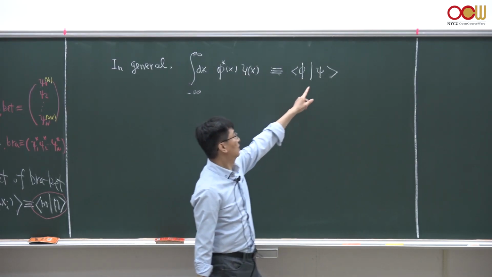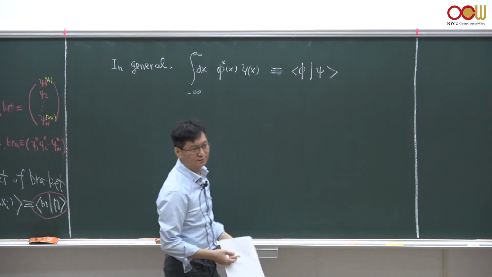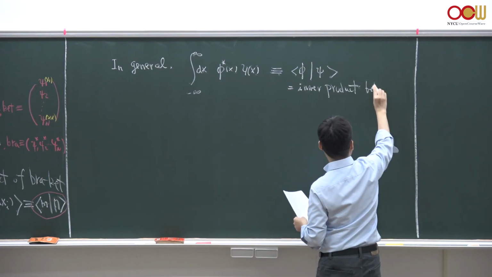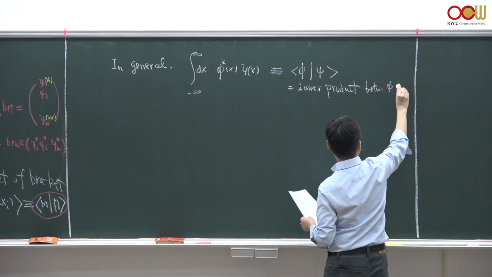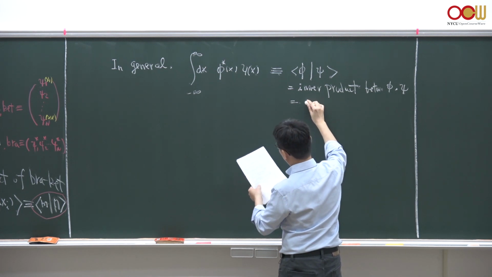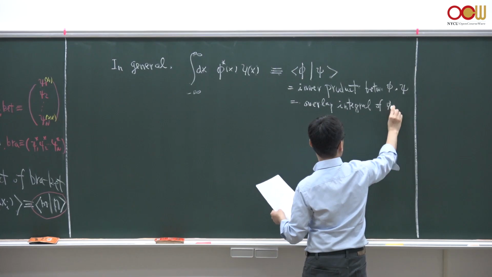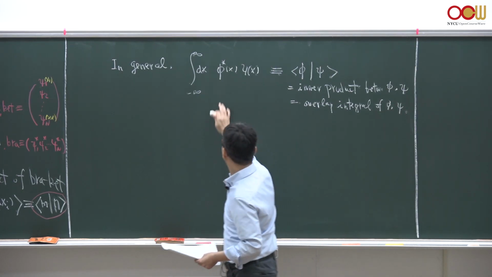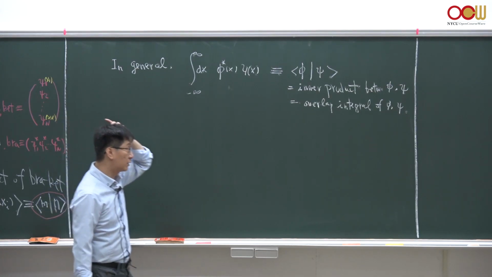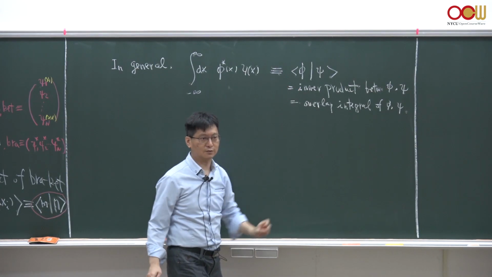Okay, so the inner product between this state phi and state psi, in other words, the inner product between phi and psi is the same as the overlap integral between phi and psi. So this is what we are familiar with in the previous chapters, and this is the same thing that we defined earlier, but with Dirac notation.